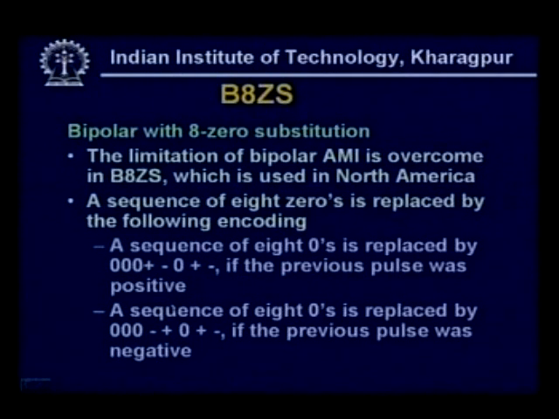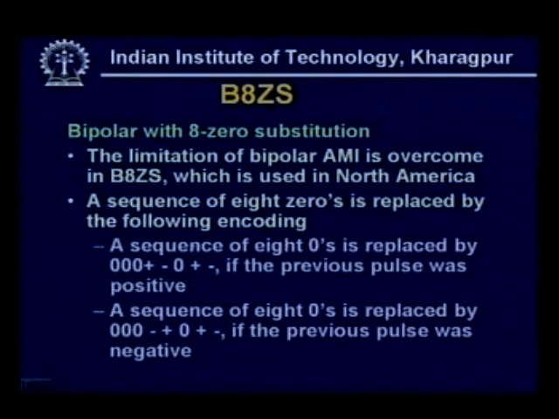On the other hand, if the previous pulse was negative, then that sequence of 8 zeros is replaced by 0 0 0 minus plus 0 plus minus. So you see, normally it should be 8 zeros, but in place of 8 zeros, some of the zeros are being replaced by positive pulse, negative pulse, 0, positive pulse and negative pulse.